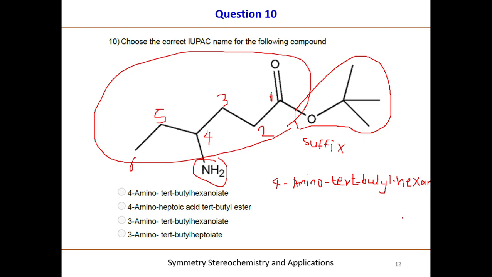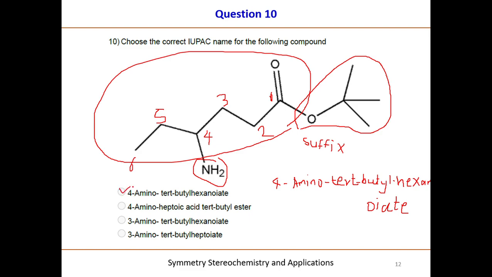Now, and last, you have to write the suffix name. So what is the suffix name? The highest priority functional group, which is ester here. For ester we are writing oate. So the name will become 4-amino tert-butyl hexanoate.